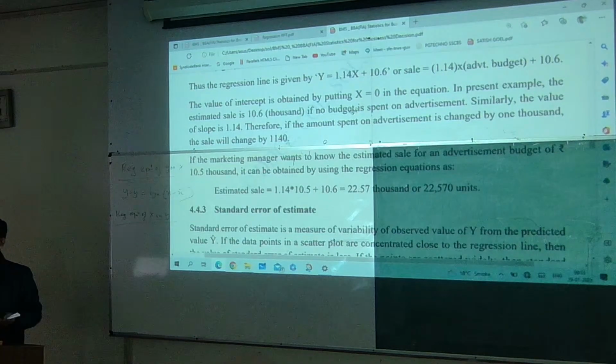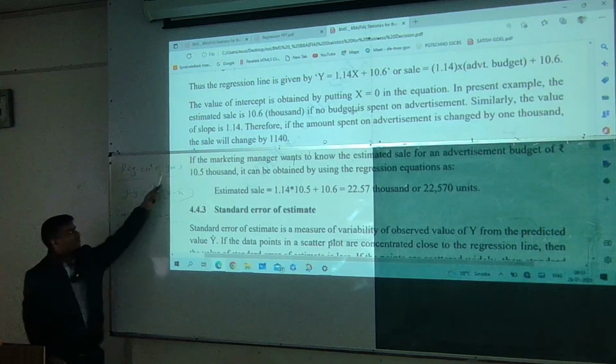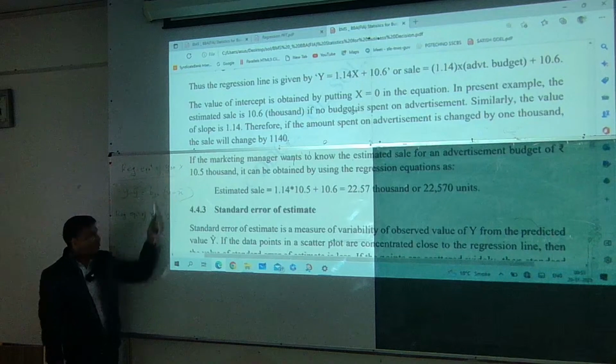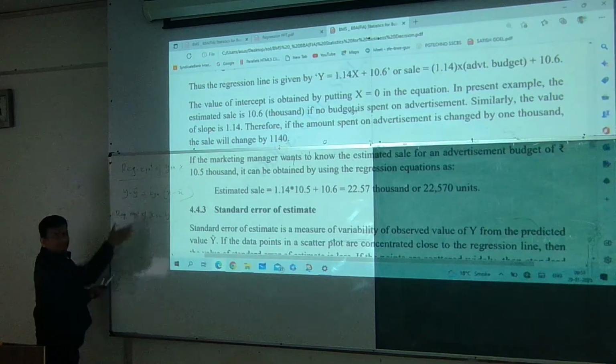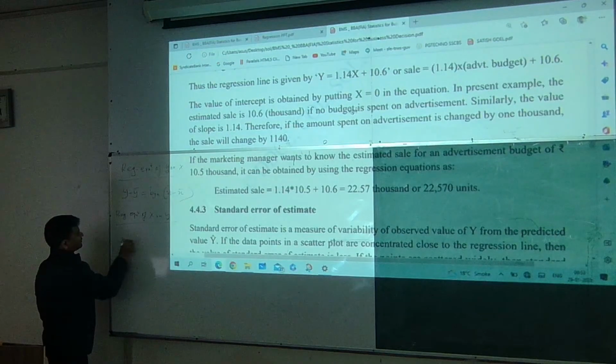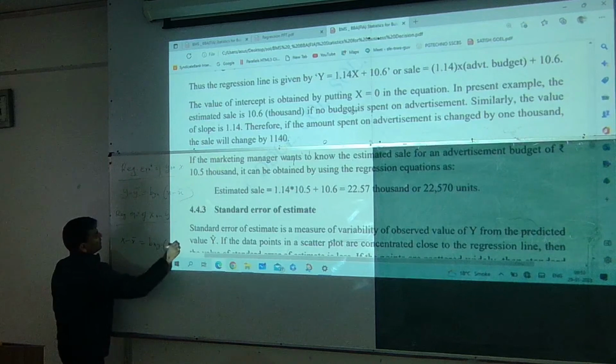It is up to you which one you want to make dependent. So depending upon that we have two equations: it may be that y is depending on x, and it may be that x is depending on y. So using the same methodology, you get the second equation, x minus x bar equals bxy times y minus y bar.